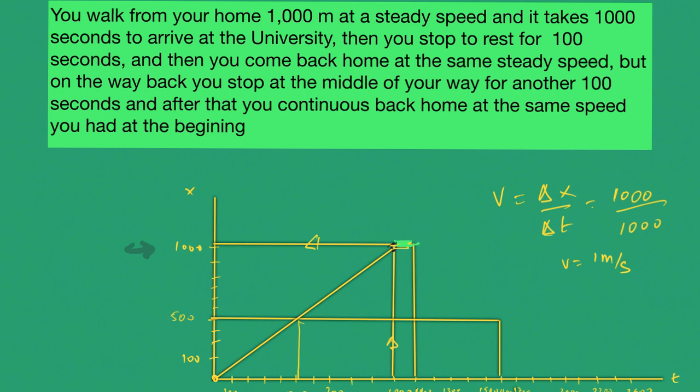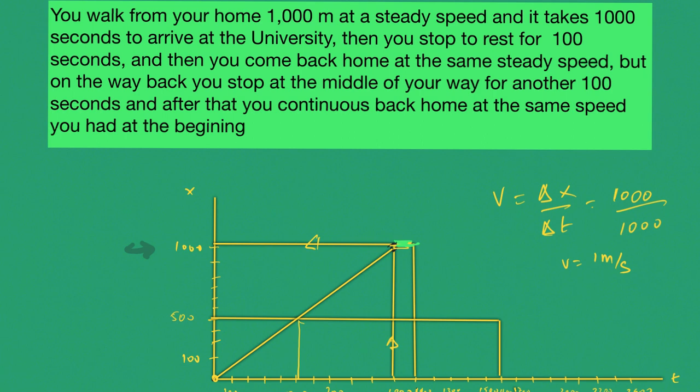Okay, so after the 100 seconds, you start to come back home at the same speed that you were going in the previous step. So you were going at 1 meter per second, now you go at minus 1 meter per second. It means that in every second you approach home 1 meter.